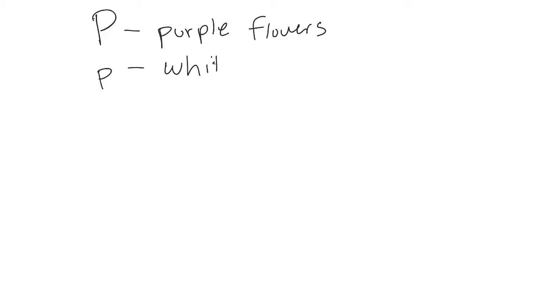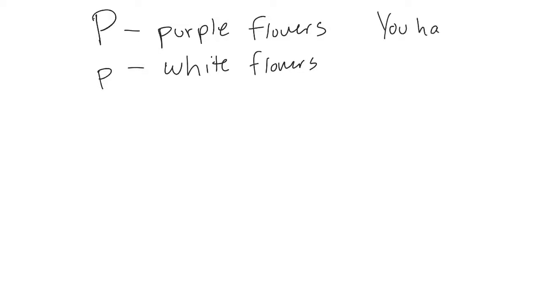Let's say in pea plants, the big P makes purple flowers, and the little p is the allele for white flowers. And they follow a dominant and recessive pattern.